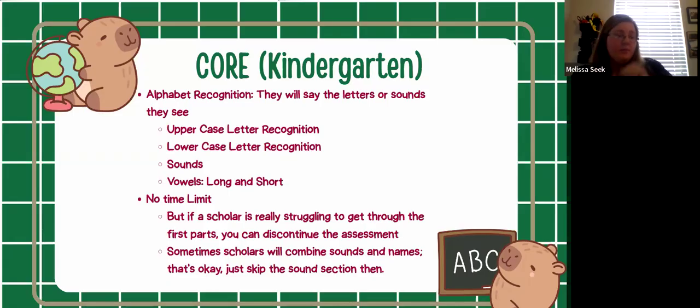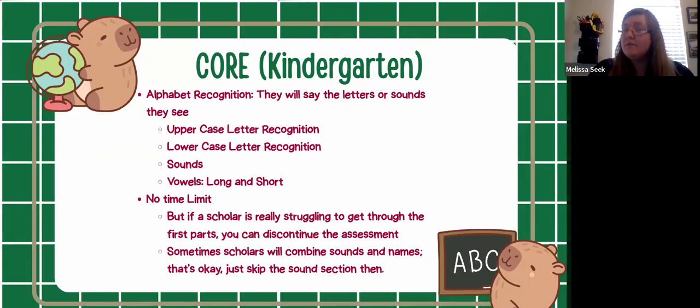It breaks it up into five groups of sections. The first one is uppercase letter recognition. Can they look at all the uppercase letters and tell you what they are? The next is lowercase. Can they see lowercase and distinguish, okay, this is an A in uppercase, but this is also what the A looks like in lowercase?